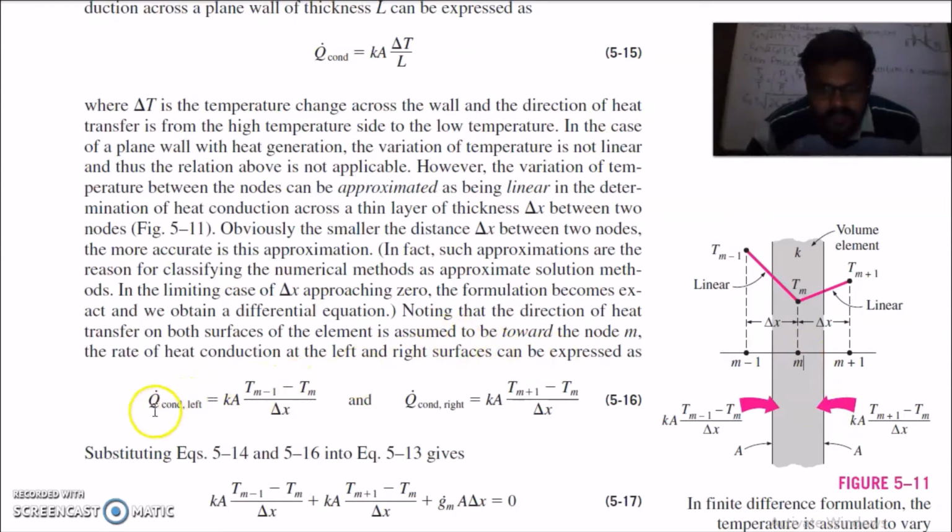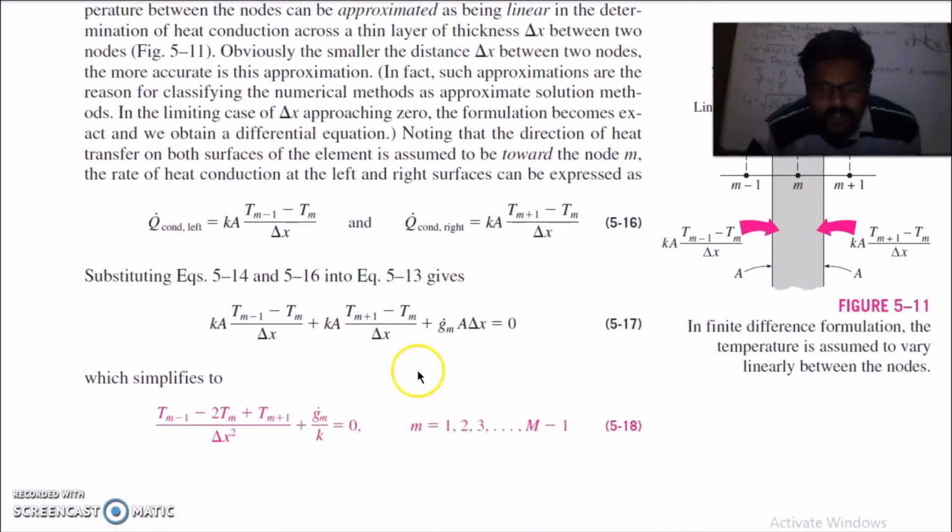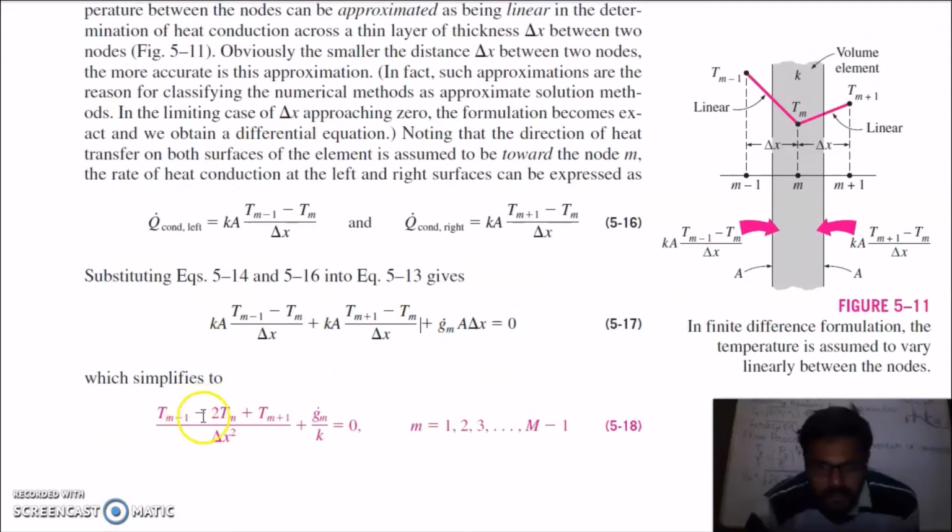So you will have this equation: Q conduction from the left is k A times (T_m-1 minus T_m) by del x, and for this side Q conduction is k A times (T_m+1 minus T_m) by del x. By putting these equations into this equation, you will get this equation. Divide this by del x, you will get this equation.